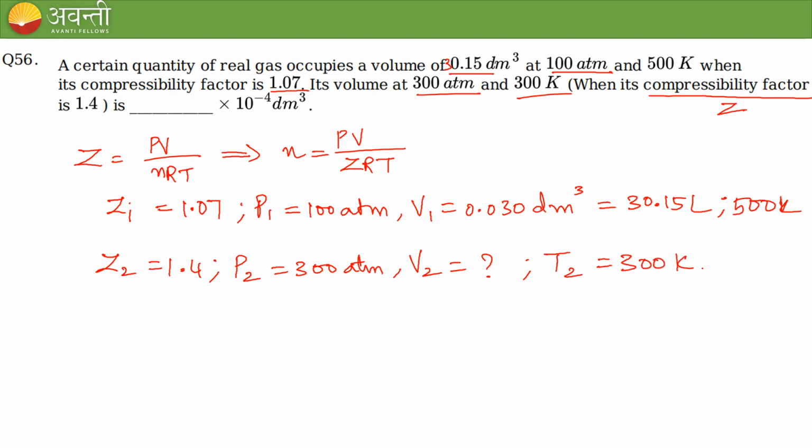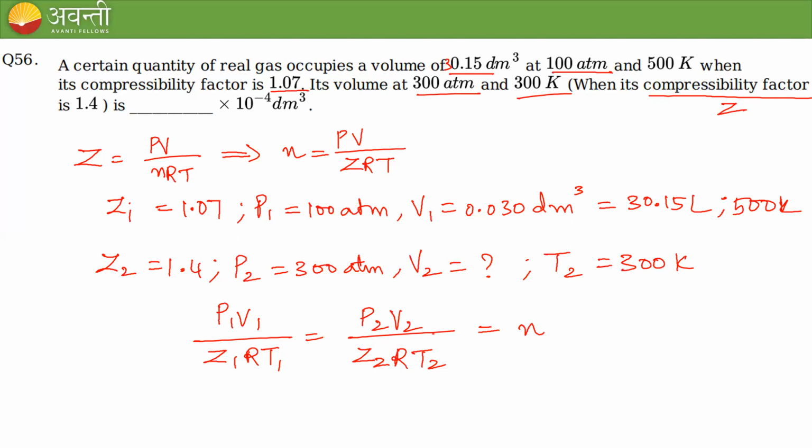Okay. So let me equate these two. That is P1 V1 by Z1 RT1 will be equal to P2 V2 divided by Z2 RT2. So R is common and this is equal to n. Okay, R is common, so just cancel it on both sides.